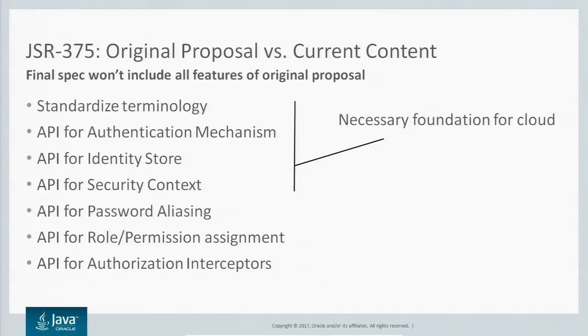We felt that these three in particular were a necessary foundation for cloud environments that are important these days. Not that the other things weren't important also, but this seemed like a good chunk of necessary foundation. And we had a good start on completing it. So the idea is to basically wrap that up and deliver that with EE8.